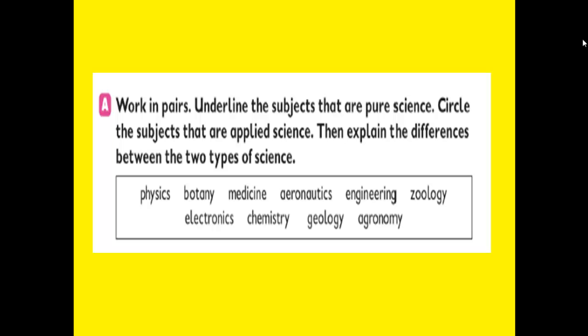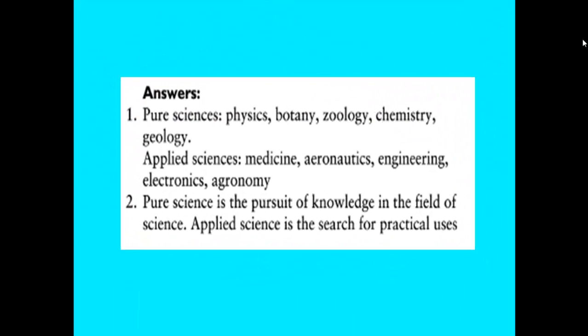So let's divide them into two parts. The first one is pure science and the second one applied science. Here are the answers. So the pure sciences are physics, botany, zoology, chemistry, and geology, whereas the applied sciences are medicine, aeronautics, engineering, electronics, and agronomy.